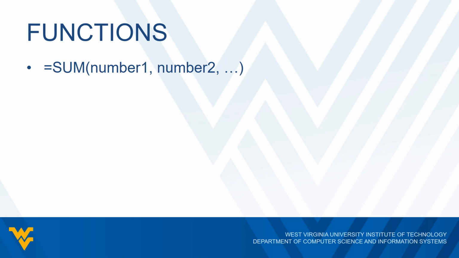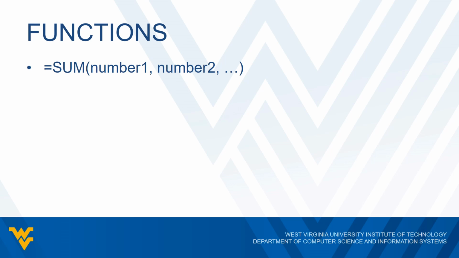First, we would have equals sum, and then we can put numbers inside some parentheses. Now here I have a couple dots at the end just to show that we can have any number of arguments that we want in here. In fact, I think it goes up to like 127, but I don't think you're ever going to actually do that in a spreadsheet. So the whole point here is that we can put in however many numbers we want as arguments.